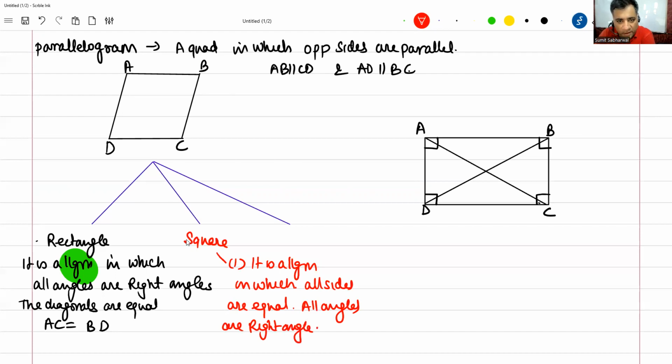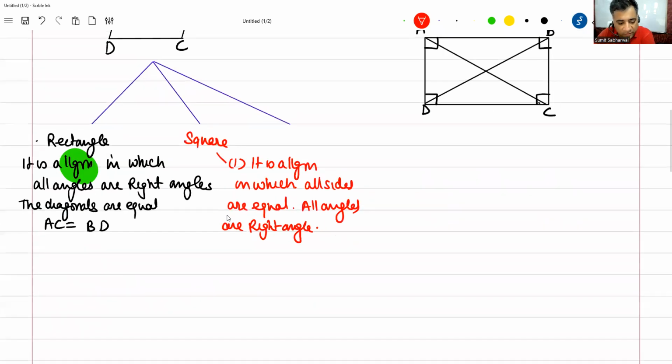And one more property that separates it from a rectangle is that the diagonals bisect at 90 degrees, and the diagonals are equal too.